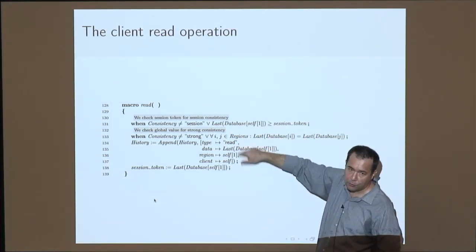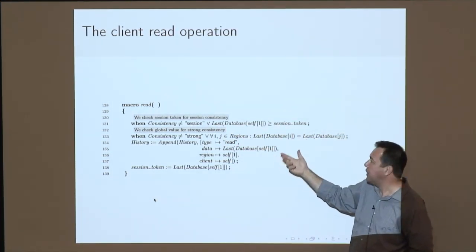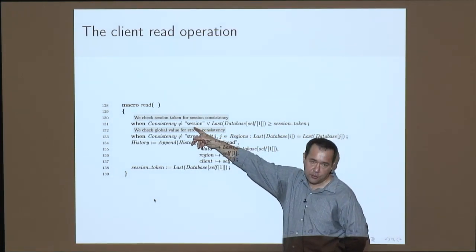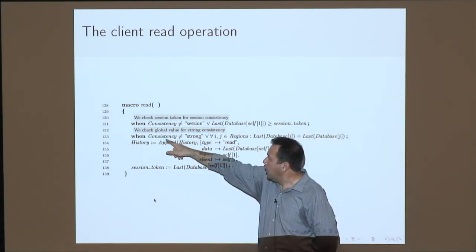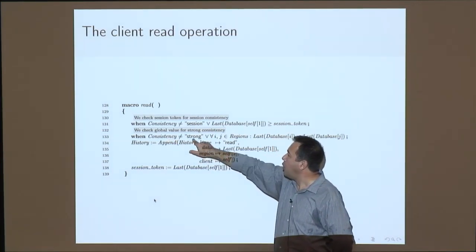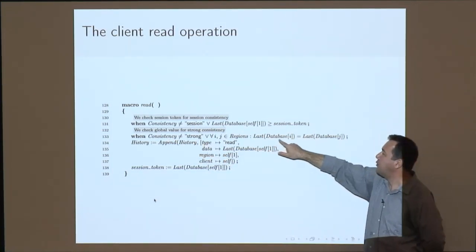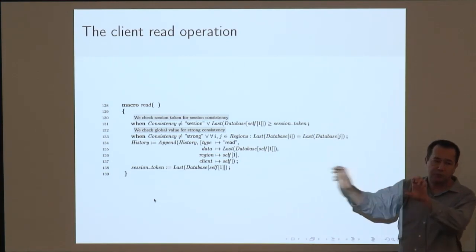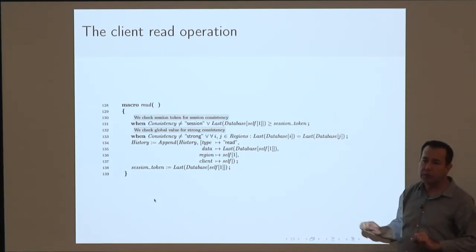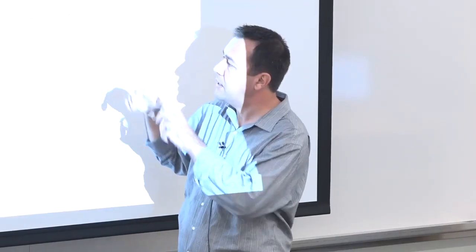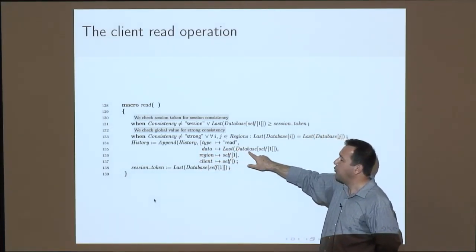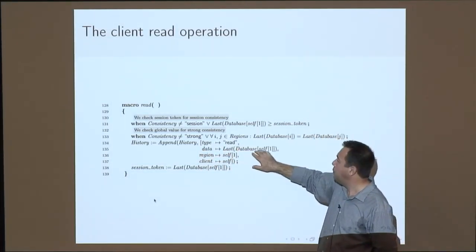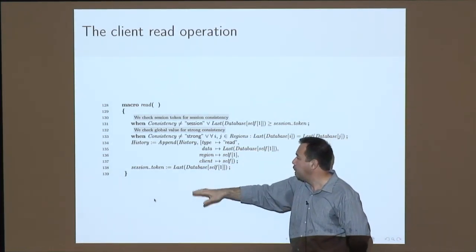Otherwise, I won't allow you to read because I'm providing you session consistency. If I'm providing you session consistency, I'm going to make you wait for this. If I'm providing you strong, I'm going to make you wait that all the databases at regions had time to synchronize. They have the same last value. And then you will be able to read from your region and put it into your history and so on.